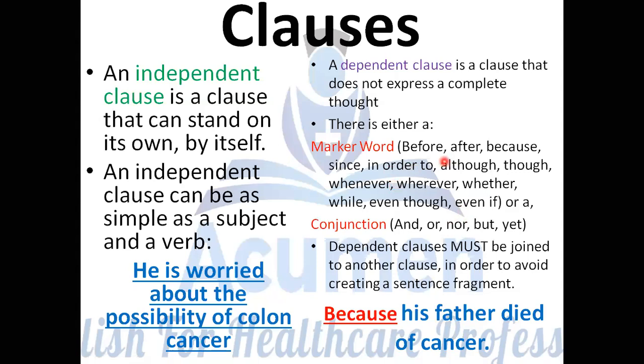In this list, there are two more words, due to and as. So whenever you use these words in the beginning of any sentence, that particular sentence becomes dependent. So only if you connect these two sentences, he is now worried about the possibility of colon cancer because his father died of cancer, that is when it becomes a complete sentence.